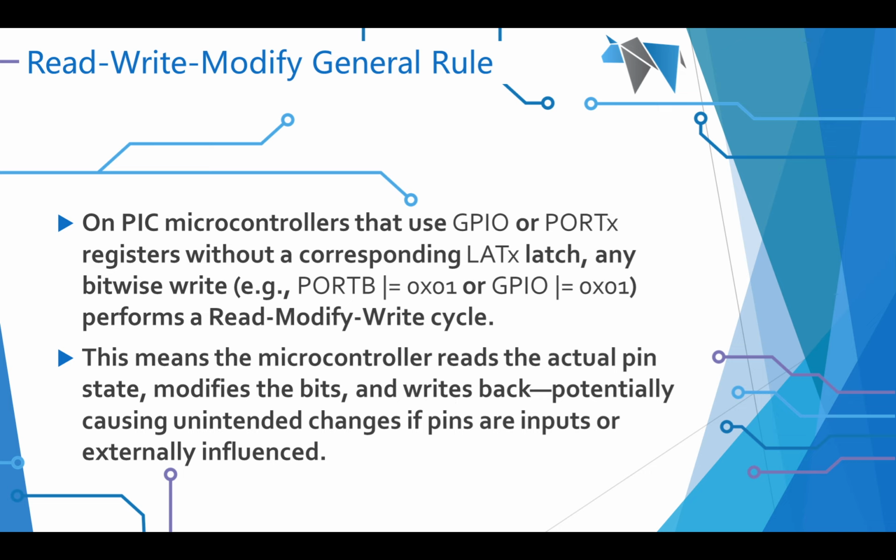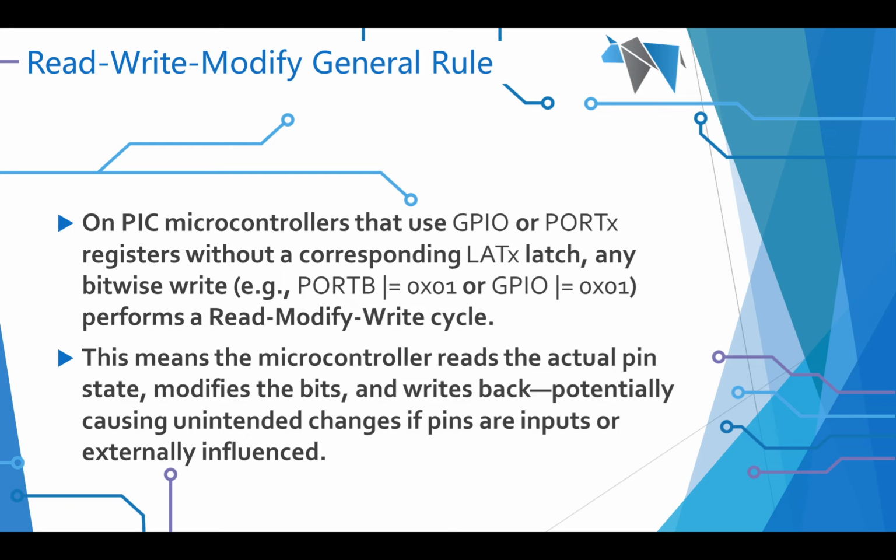The general rule is that on legacy PICs, if you try to write or read from GPIO, that's the input and output, or the port, that don't have a latch, they don't have this thing called LAT A or B, whatever, and you carry out a bitwise write, it performs what's called a read-write modify write cycle, and I'll dig into that a bit deeper.